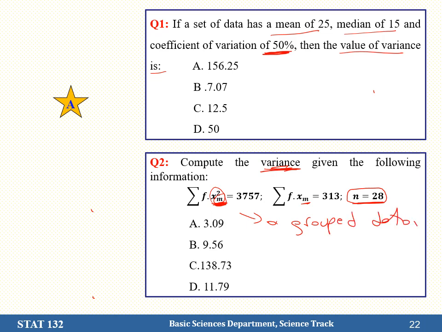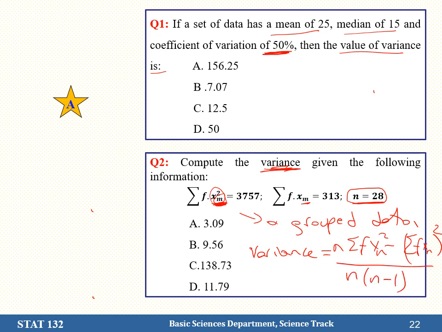and for the grouped data we have the variance formula. The variance formula is n times the sum of f times xm squared, minus the sum of f times xm, squared, divided by n times n minus 1. And we will put these values in here.